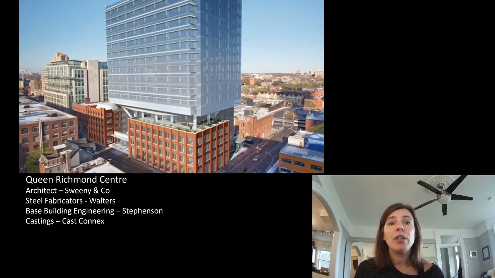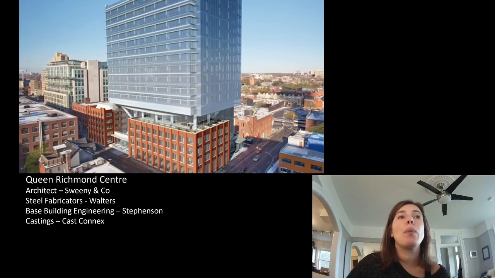Queen Richmond Center, so this is 134 Peter. You've heard me talk about it a few times now. This is an 11-story concrete building perched over a 4-story existing heritage building. The mandate was that the facade of this building needed to be viewed from as many vantage points as possible.